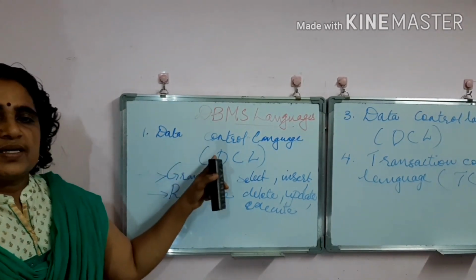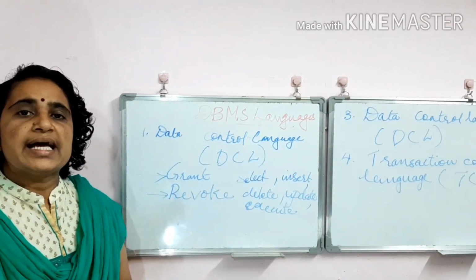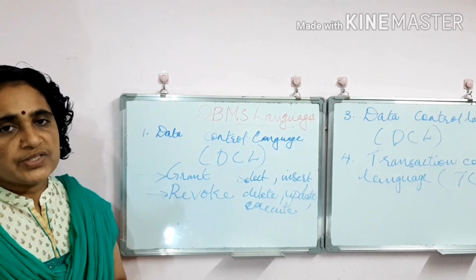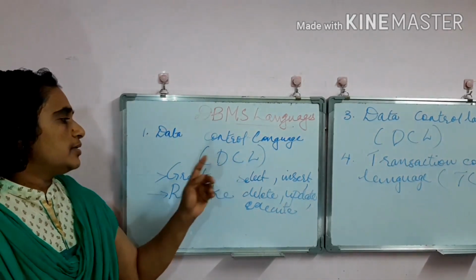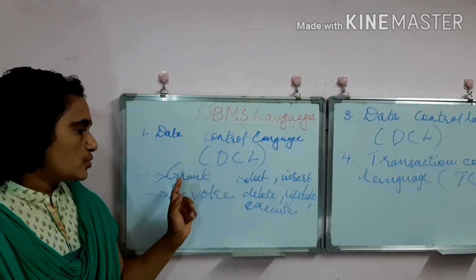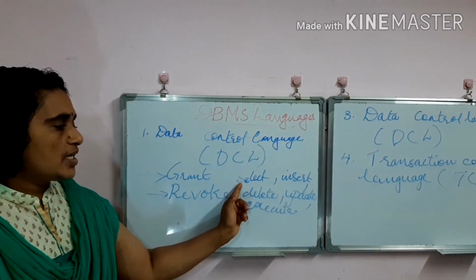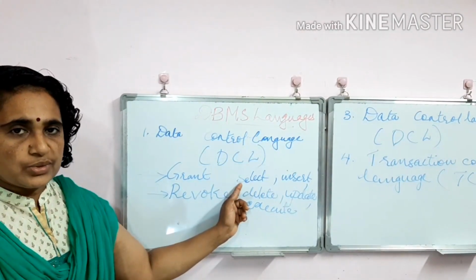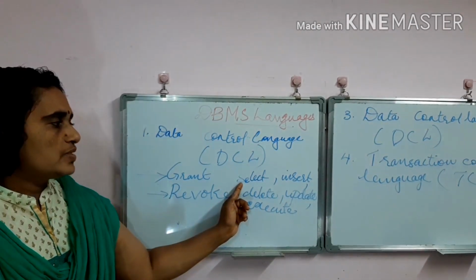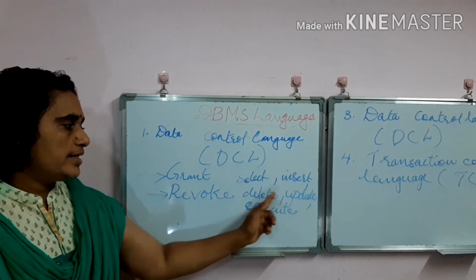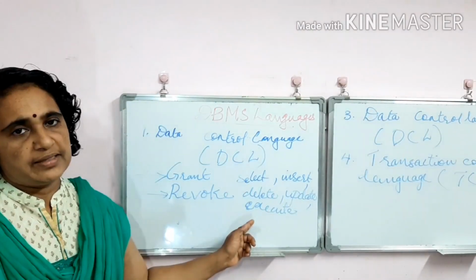So the DCL commands are used to grant and revoke privileges to users. The different commands used are grant and revoke.